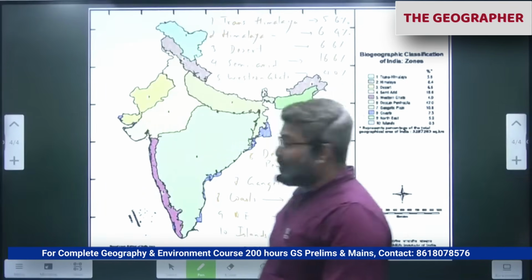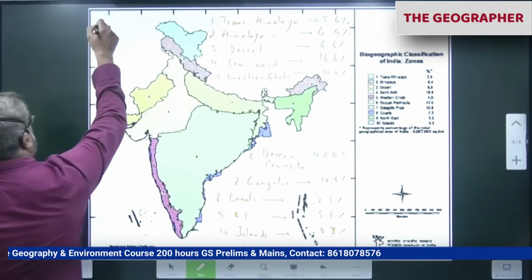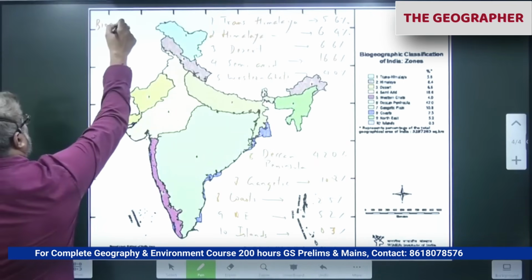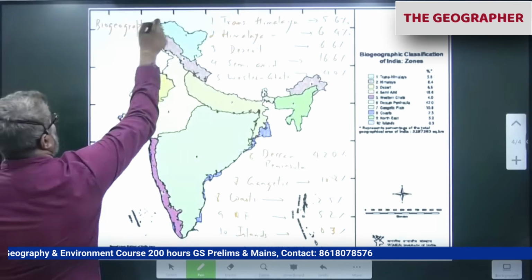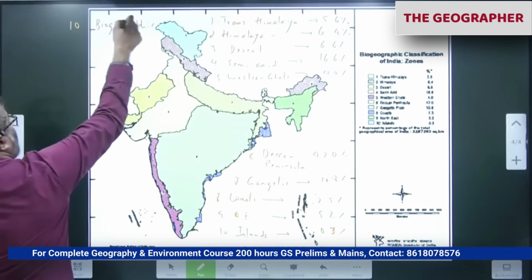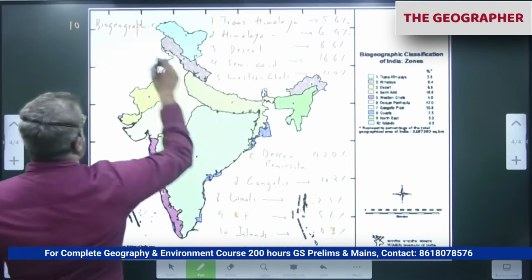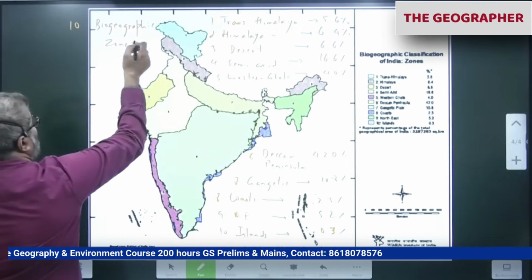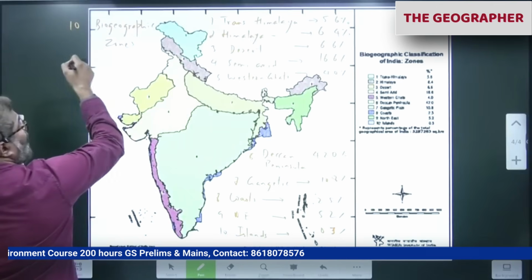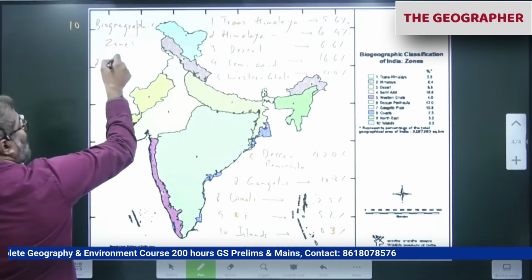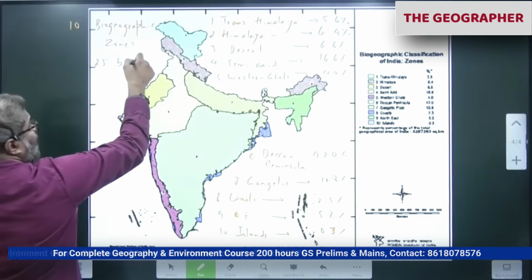Okay, 10 biogeographic provinces, all of you know. 10 biogeographic provinces or 10 biogeographic zones. Please notice, within these 10, there are 25 sub-provinces, biotic provinces.